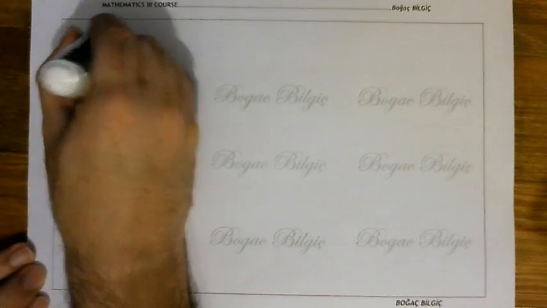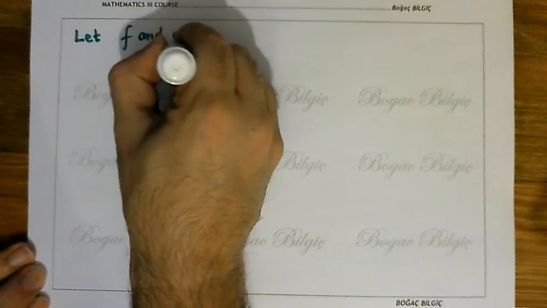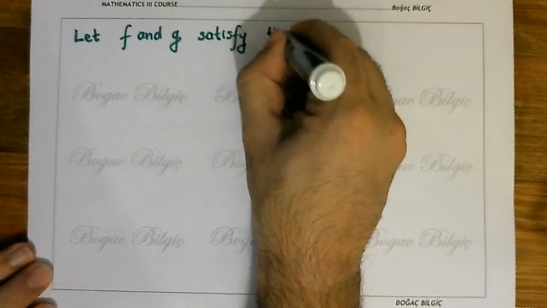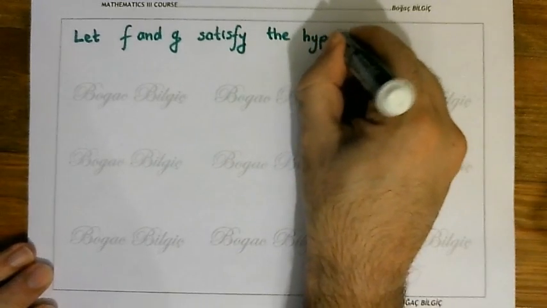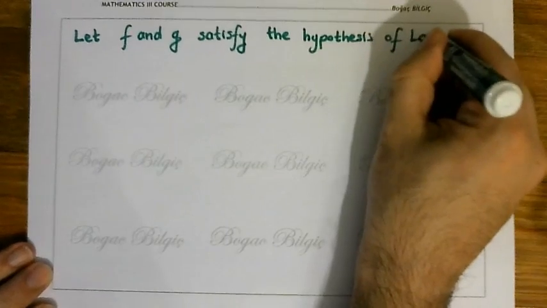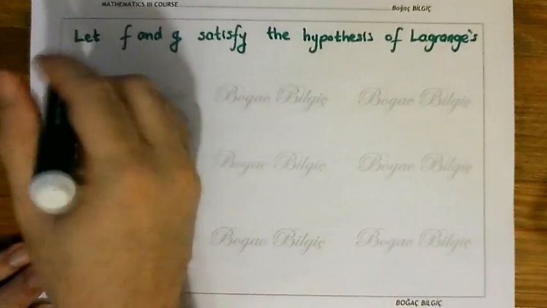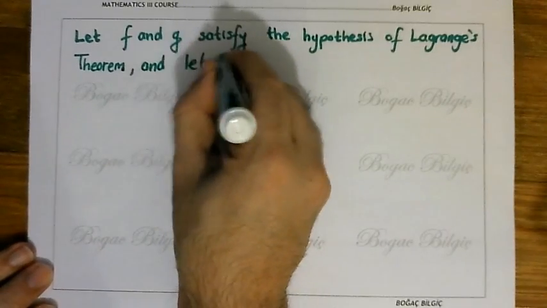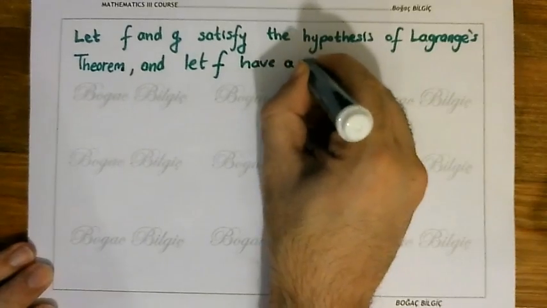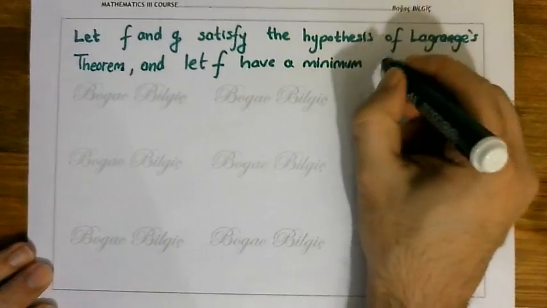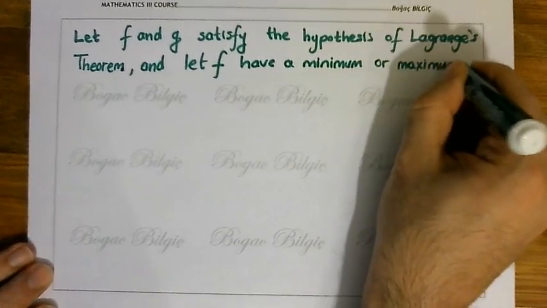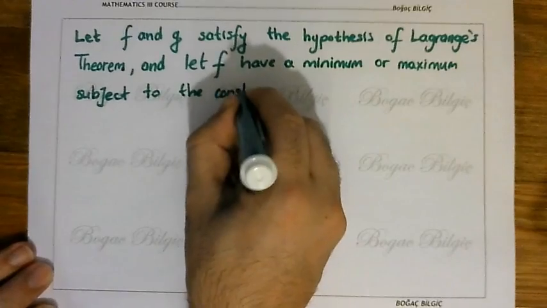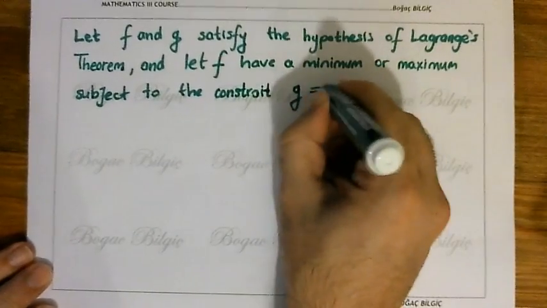Let f and g satisfy the hypothesis of Lagrange's theorem, and let f have a minimum or maximum subject to the constraint g = k.